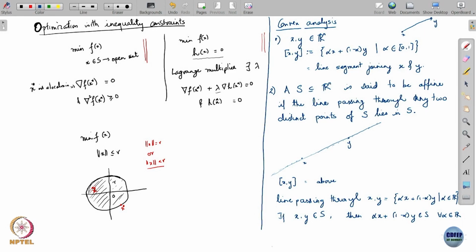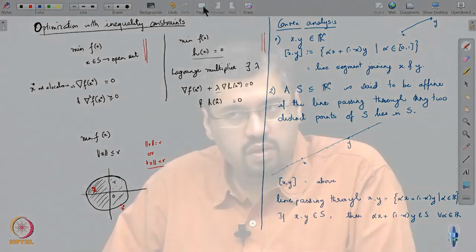Now, can you give me examples of an affine set? The entire ambient space Rn is an affine space, clearly. Any other? A plane in Rn. I have to define for you what a plane is first.